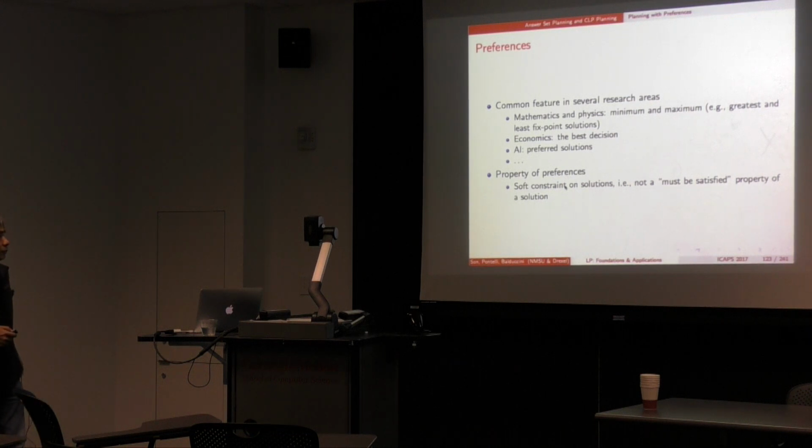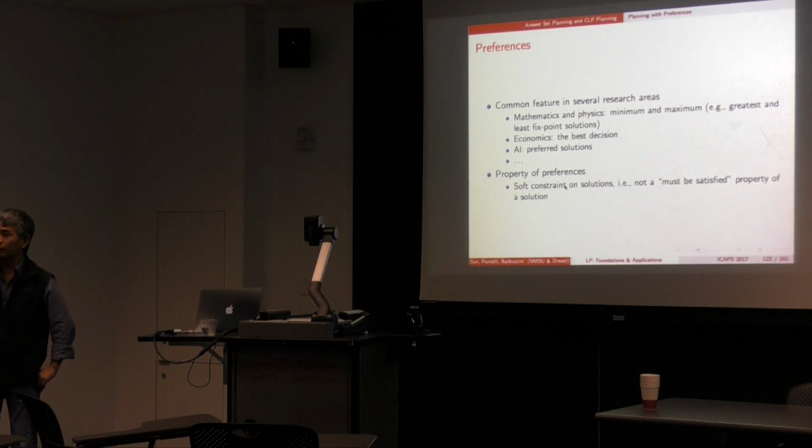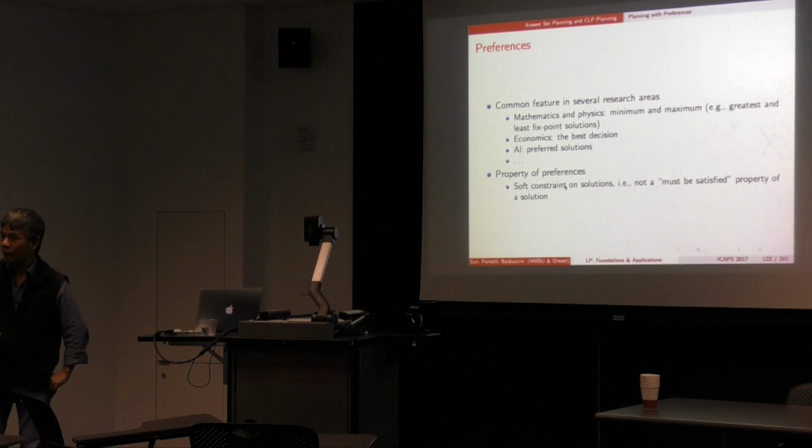Especially, sometimes there are solutions that we would like to find first or would like to use. In CLP, it's called a soft constraint: something that maybe we really don't want to impose as the goal, but if it is achieved, we would be much happier.